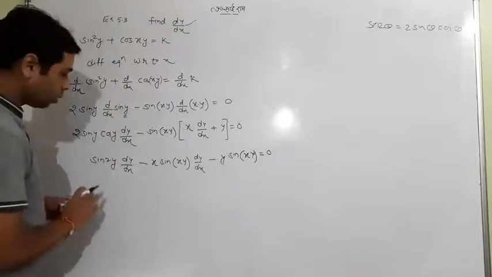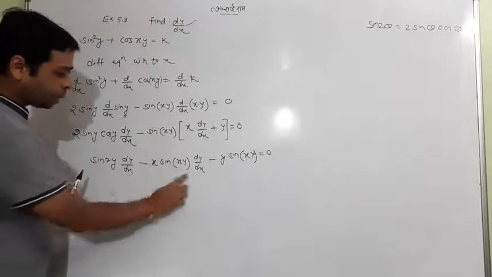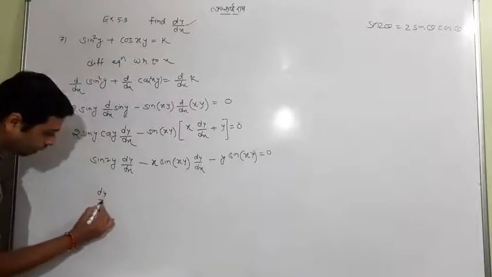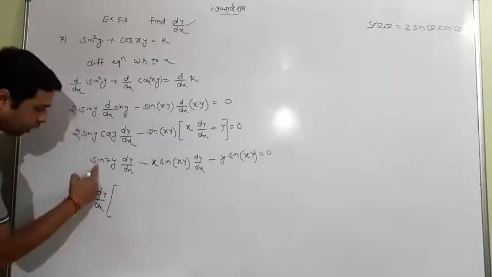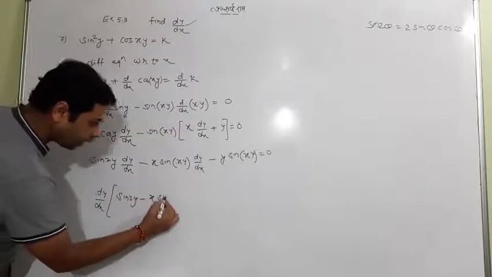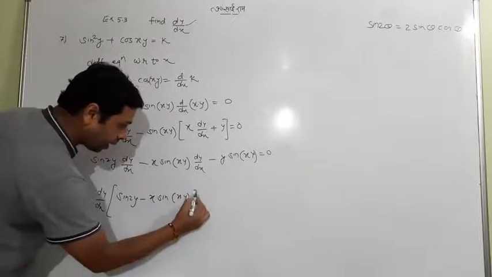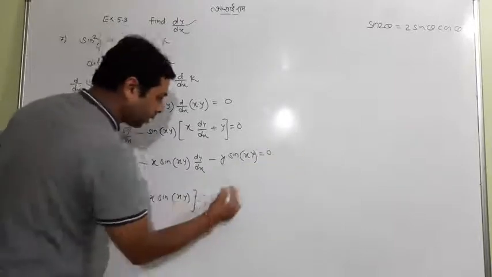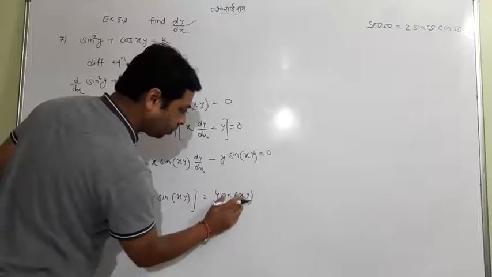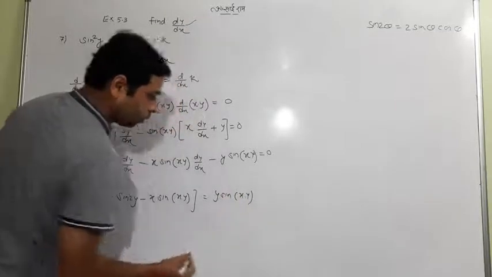Now search out these two terms having dy by dx, which should be taken out common. So I take out common dy by dx. What remains now? Sin 2y here, x sin xy here, and about this, transfer that side only, y into sin xy, and nothing remaining now.